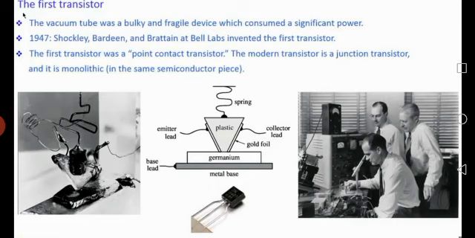The vacuum tube was a bulky and fragile device which consumed significant power. This we have already discussed. In 1947, Shockley, Bardeen and Brattain at Bell Labs invented the transistor. So the transistor was invented by three physicists in the Bell laboratories.